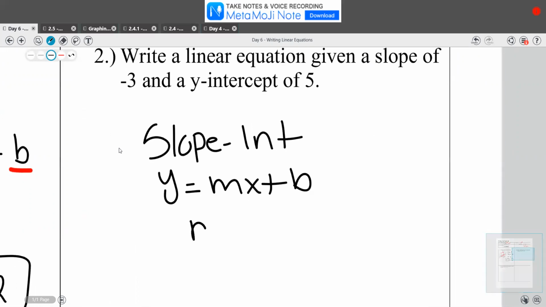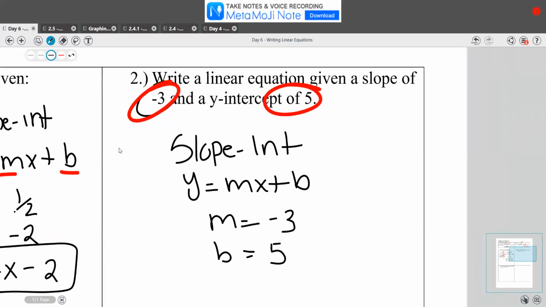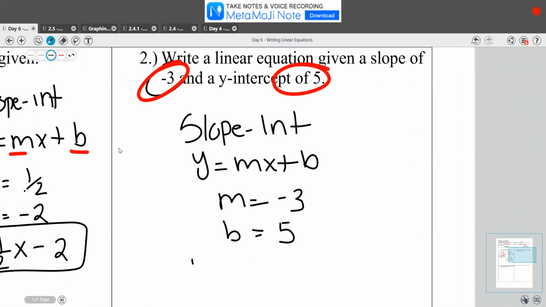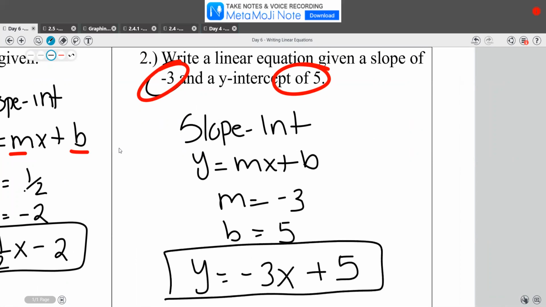So back to the same thing. My slope is, in this case, -3, right? And my b is, in this case, 5. So all I gotta do is plug it in. y equals -3x plus 5. And that is my equation.